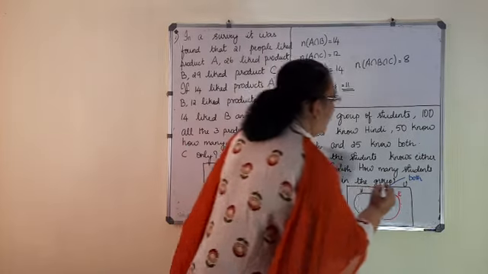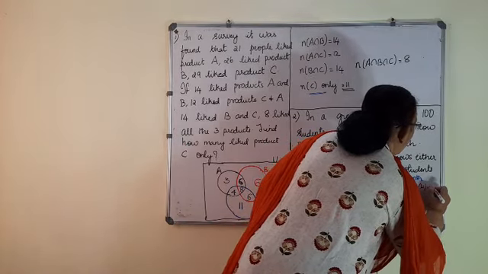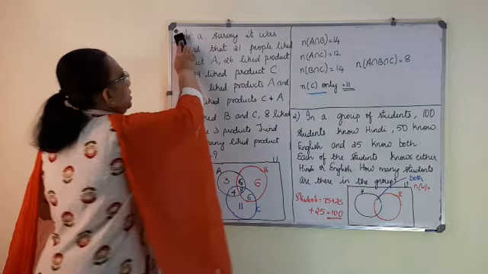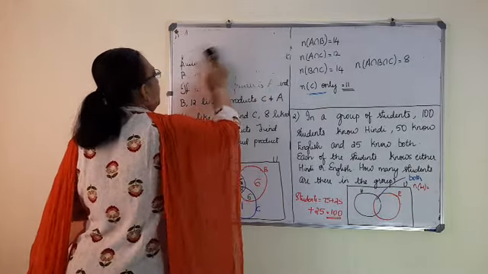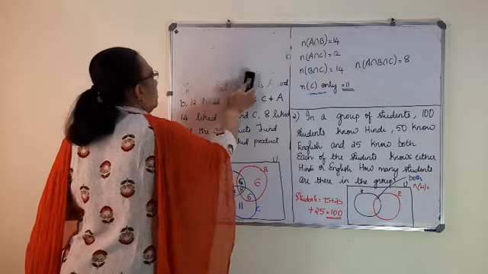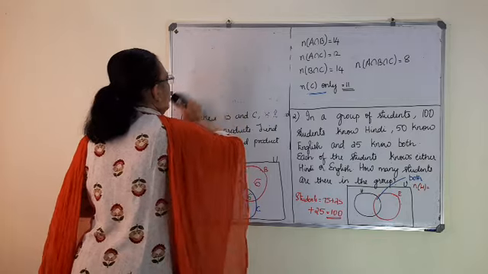So n of Hindi is equal to... I'll write it here on the top. I hope all of you have got the question, or refer to your textbook, miscellaneous exercise 16.